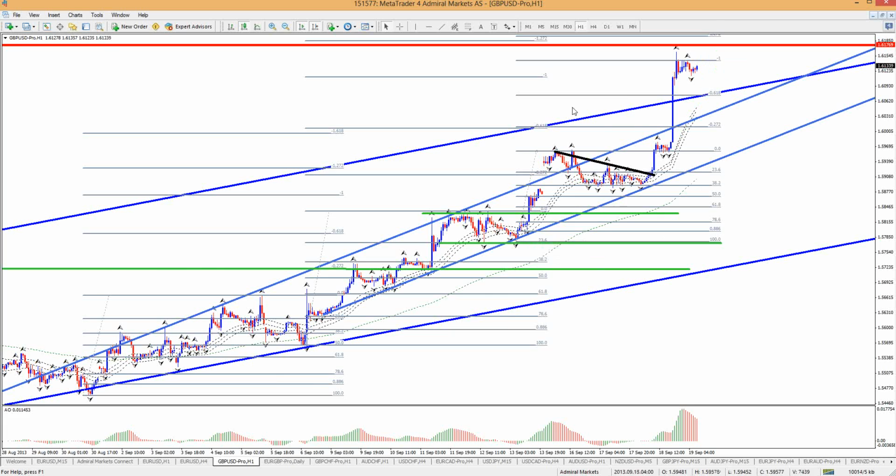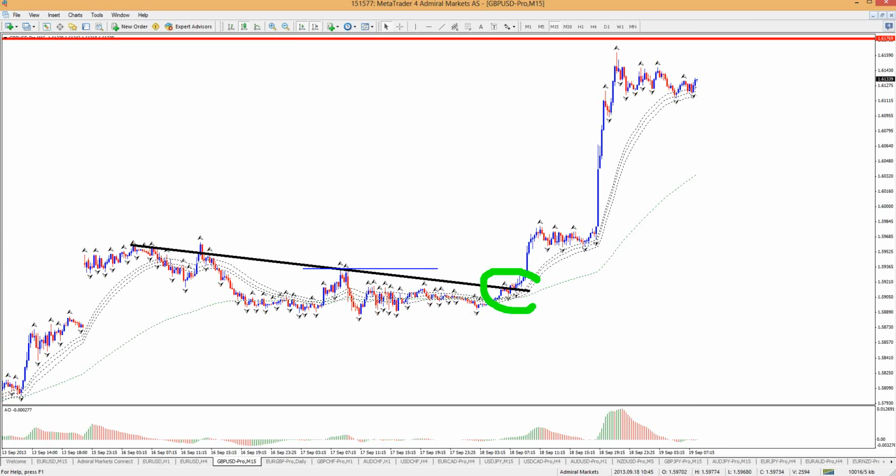Actually, that break yesterday happened during the pound news event, but it was a good trend line. Look at that. Unfortunately, it just broke through at the news event. Then we got another bull flag, in fact, and this one broke with the FOMC.